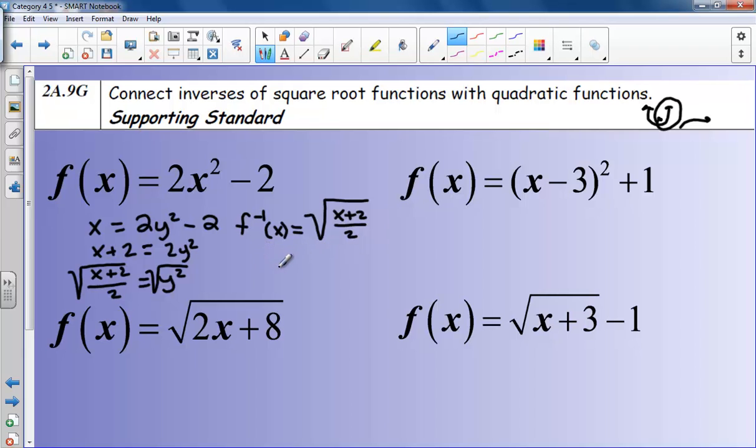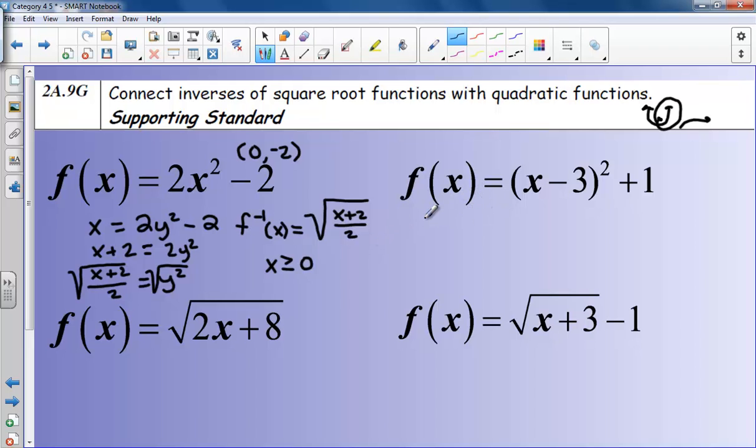But we're going to restrict it, so my hk here was at 0, negative 2. And so this one I'm going to break, so that's going to be everything for only values greater than or equal to 0. And I'm talking about my quadratic specifically here.